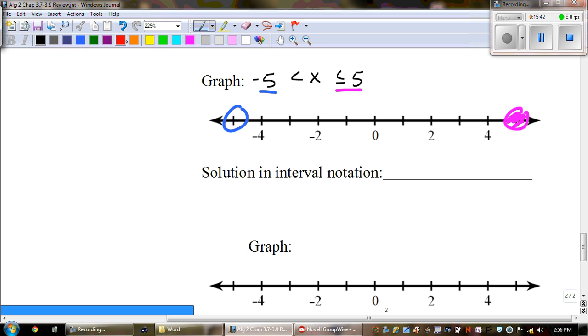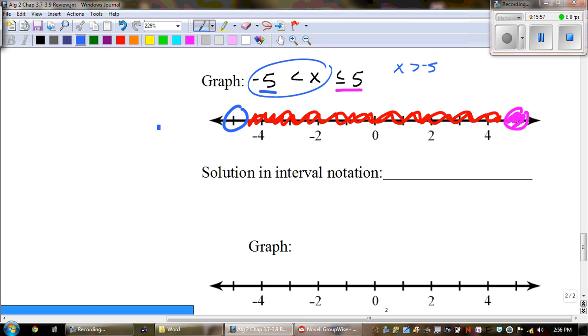When our inequalities are set up like this, it is called an AND graph. So we shade everything in the middle. And if you have difficulty with that, if we look at this, our first one is saying x is greater than -5. It's pointing at the -5. And then in the pink, we have x is less than or equal to 5. And those are the only things that it wants, okay?